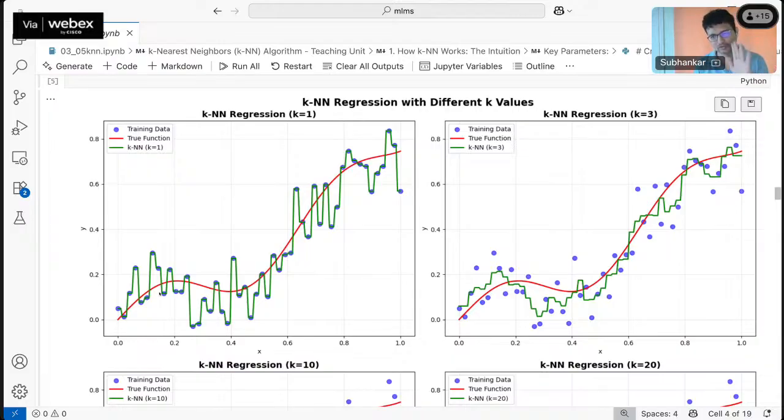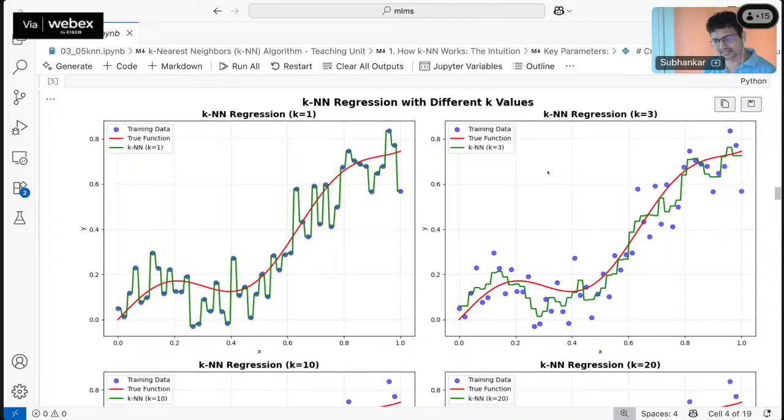If we put k equal to 1, it will line up exactly with each point, so it follows the distance between 2 points: far from here, close from here, far from here, close from here. Given a particular x, you just point the line in between.